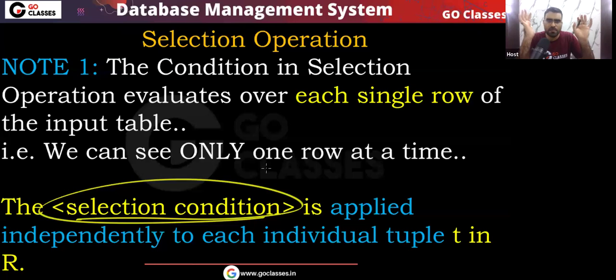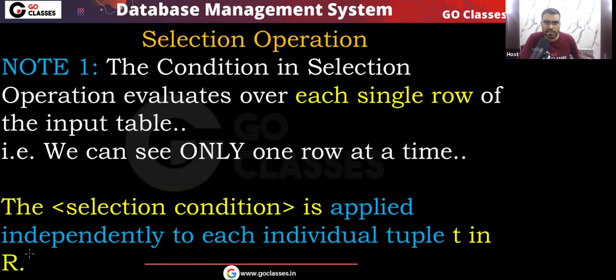It is applied on one tuple at a time, and the remaining tuples you cannot see. So very simple: the tuple selection condition is applied independently to each individual tuple in the relation R.